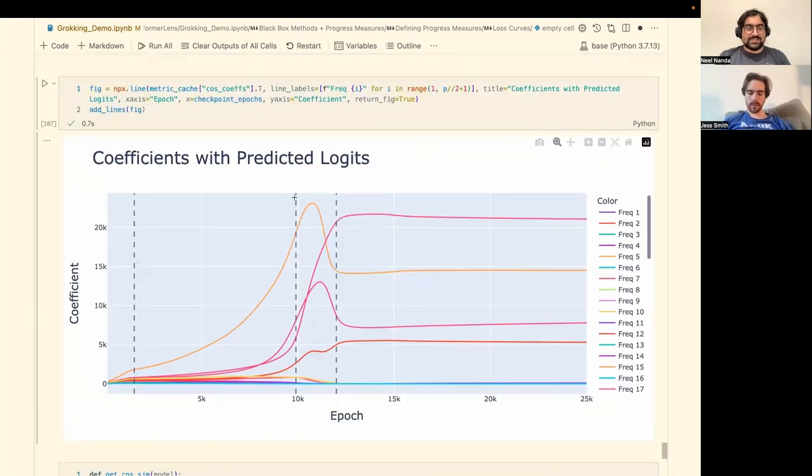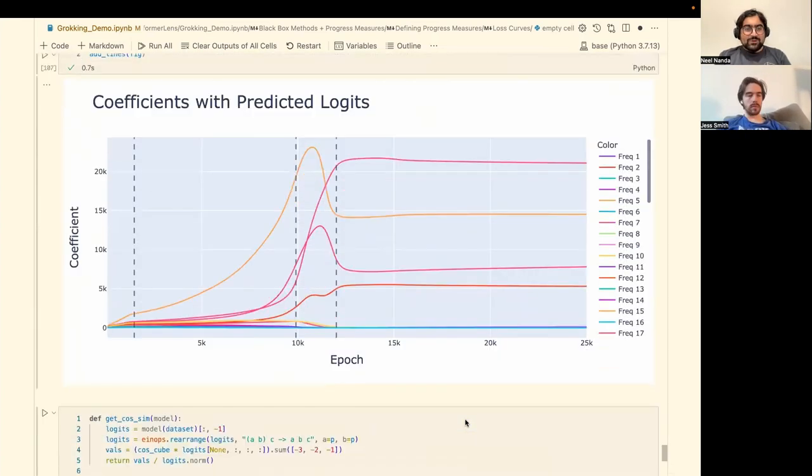But before this line, it's just worse than random. Now, if you look here, the model is clearly making interesting systematic progress towards the correct solution before it gets better than uniform loss. Even before it finishes memorizing, it seems to be potentially going somewhere.